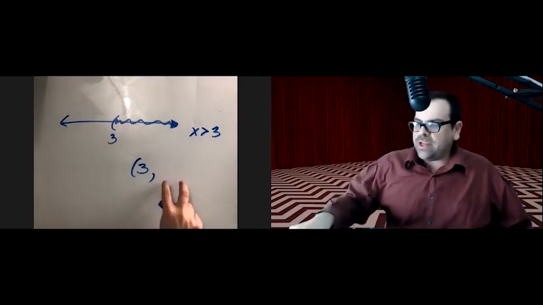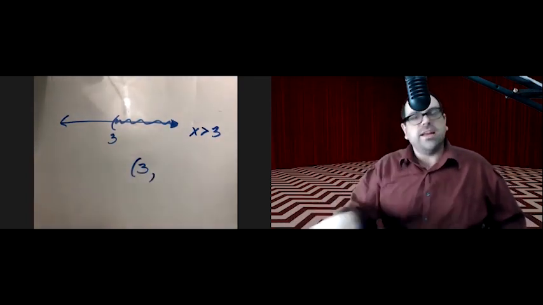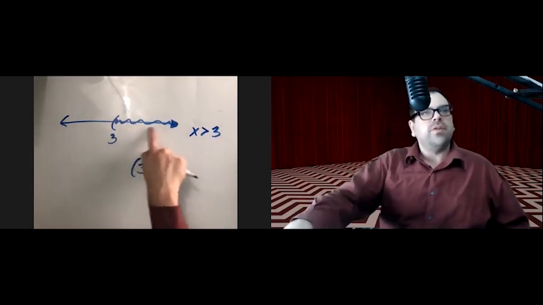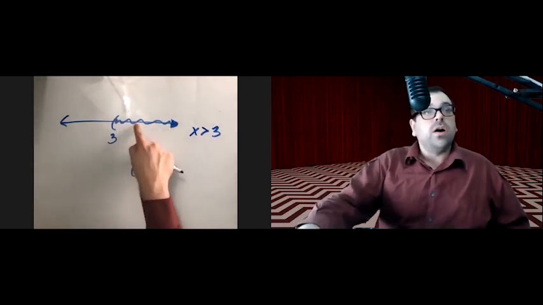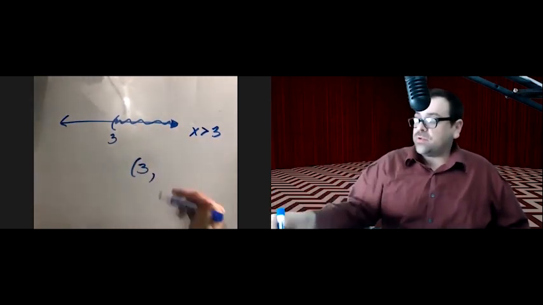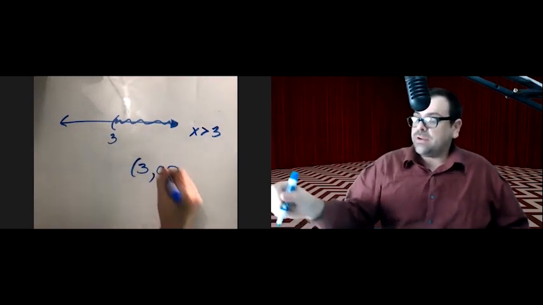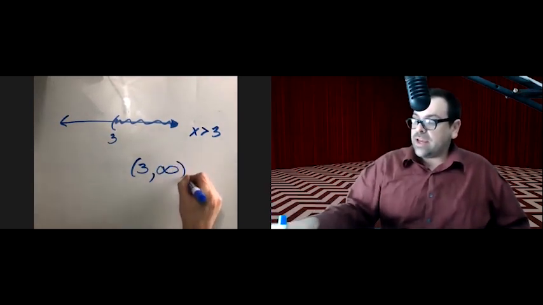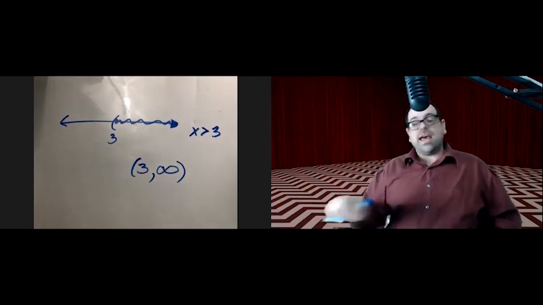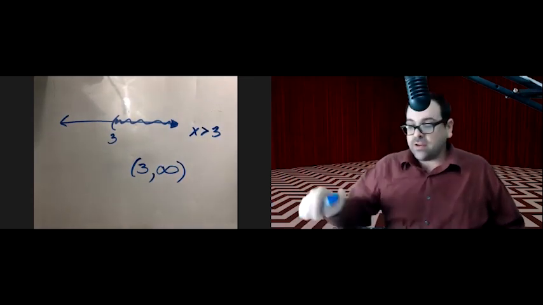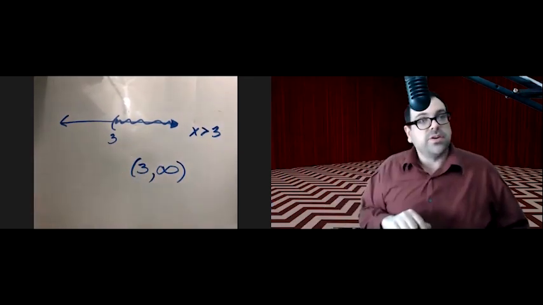But what do I put here? I don't have an endpoint because it goes on and on forever. Well, going on and on forever in the positive direction is the concept of infinity. And infinity always has a parenthesis, no matter what is over here.